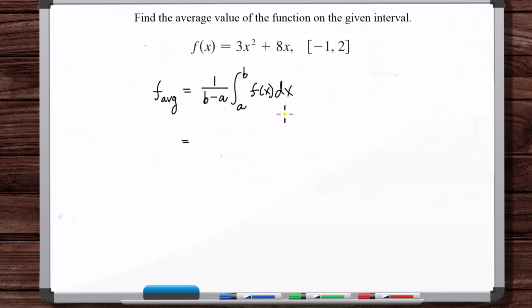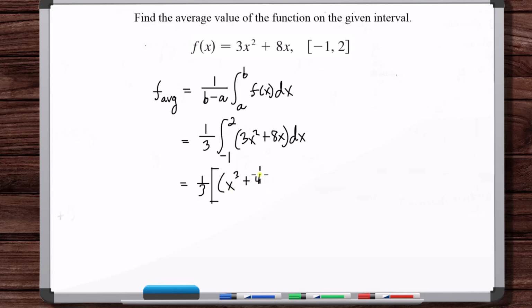So this is b minus a, it's 2 minus 1, that's 3. So 1 over 3, and then the integral from minus 1 to 2 of 3x squared plus 8x dx. Okay, so now we just need to evaluate this definite integral. We've got x cubed plus 4x squared, evaluated from minus 1 to 2.